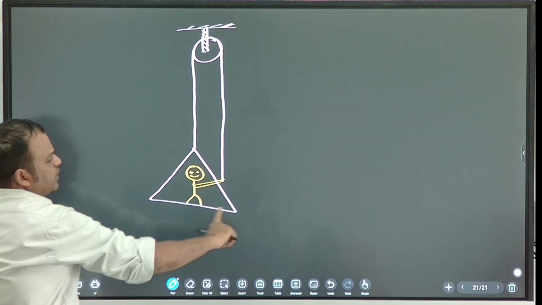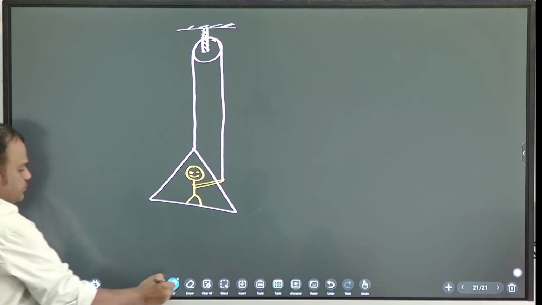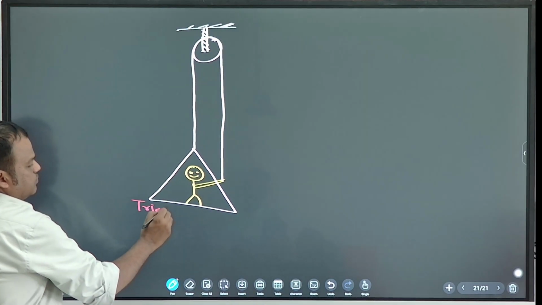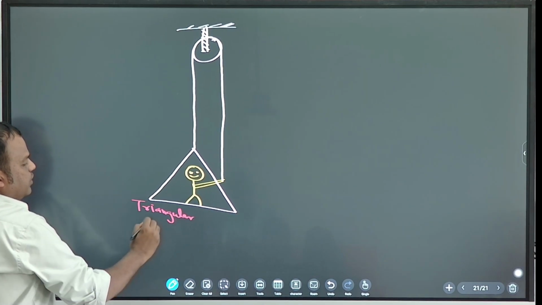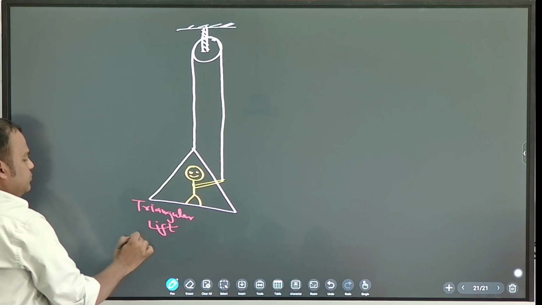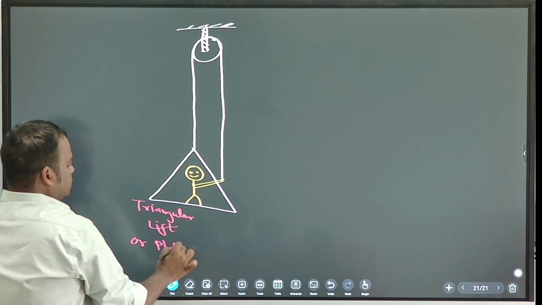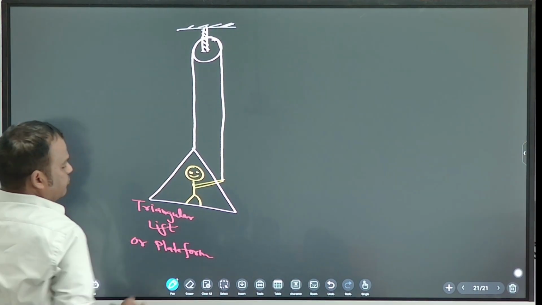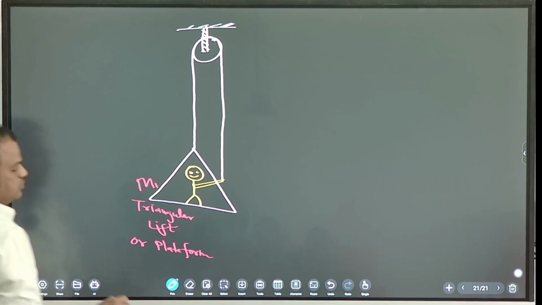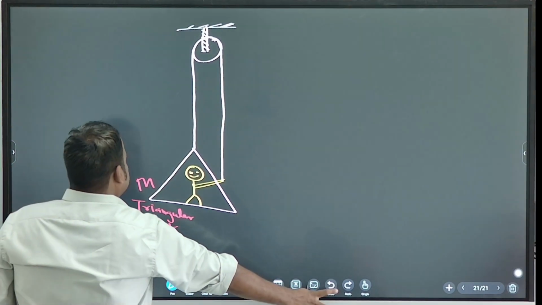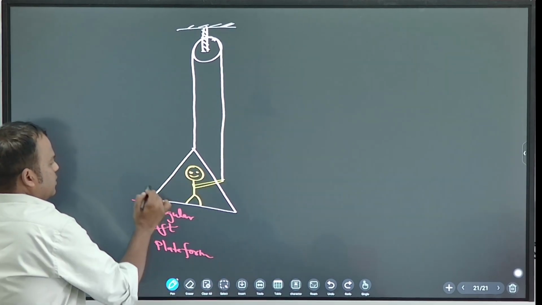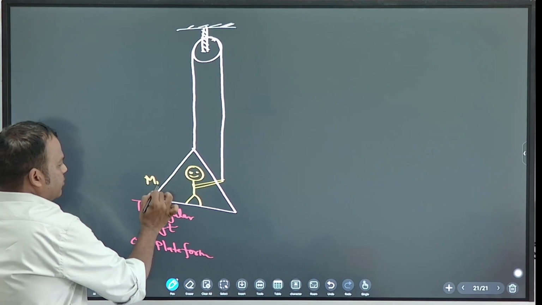It is a triangular lift, or you can say platform. Mass of this platform is m1.